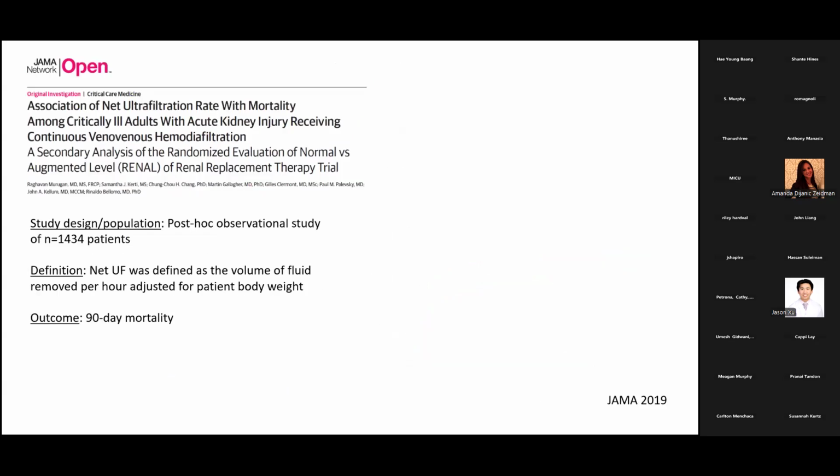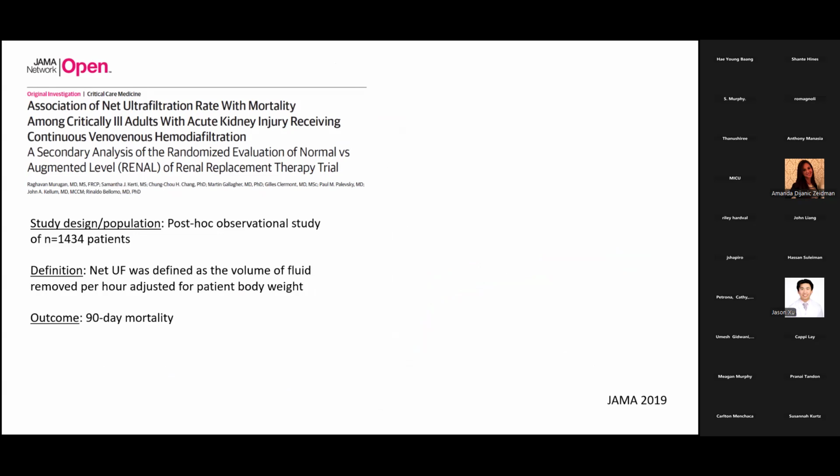Now, the other study, also led by Raghi Murugan from Pittsburgh, used data from the RENAL trial. The RENAL trial was a trial done in the early 2000s about the dose of CRRT in patients with AKI in the ICU.